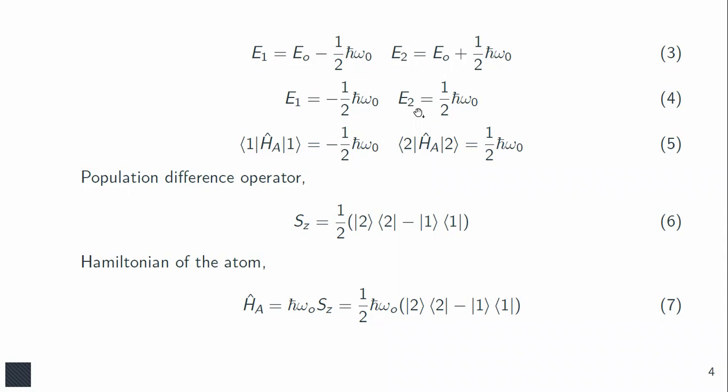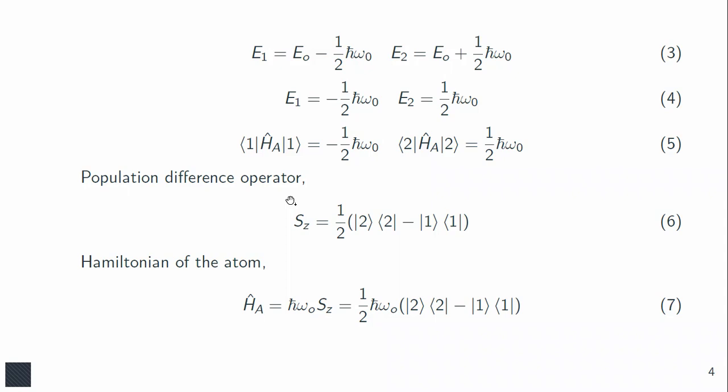So our goal is to find the Hamiltonian that gives the results in equation 5. We could infer from equation 5 that there should be a population difference operator, given in equation 6, and we could define the Hamiltonian in terms of this population difference operator as given in equation 7.